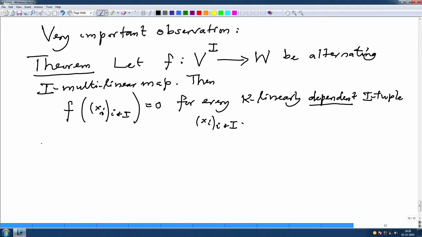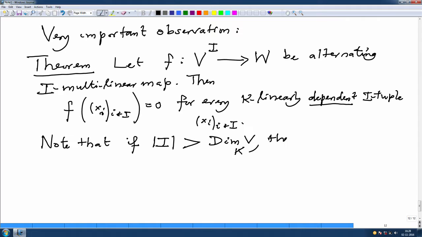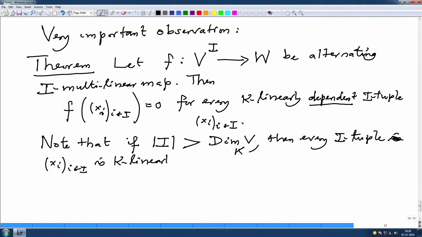Note that before I prove this, if the cardinality of this finite set I is strictly bigger than the dimension, then every I tuple xi is k linearly dependent.